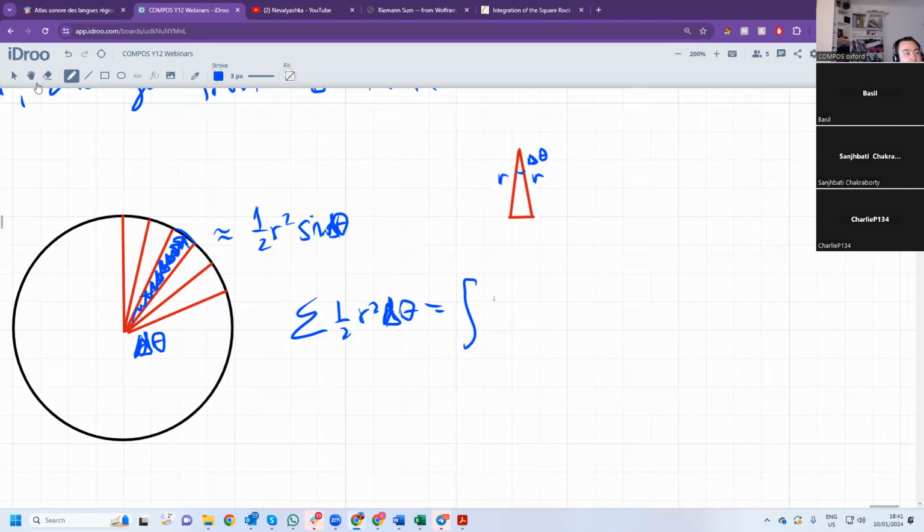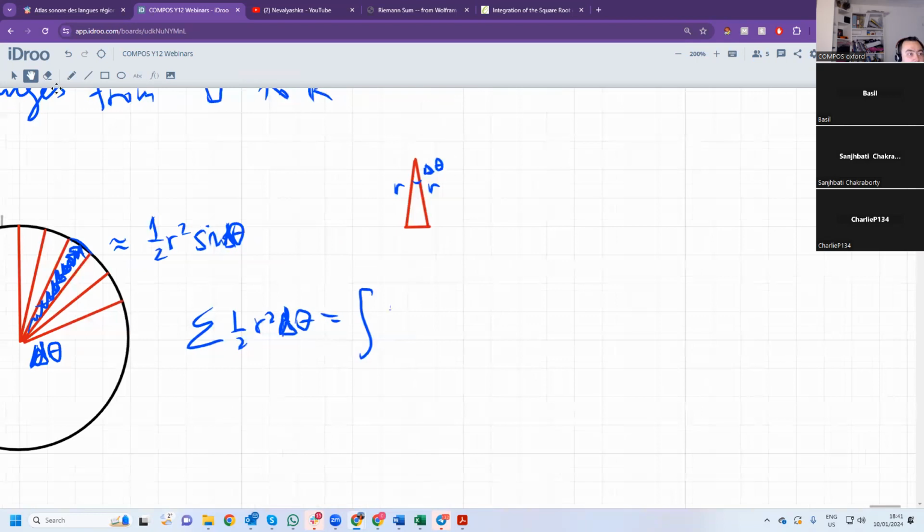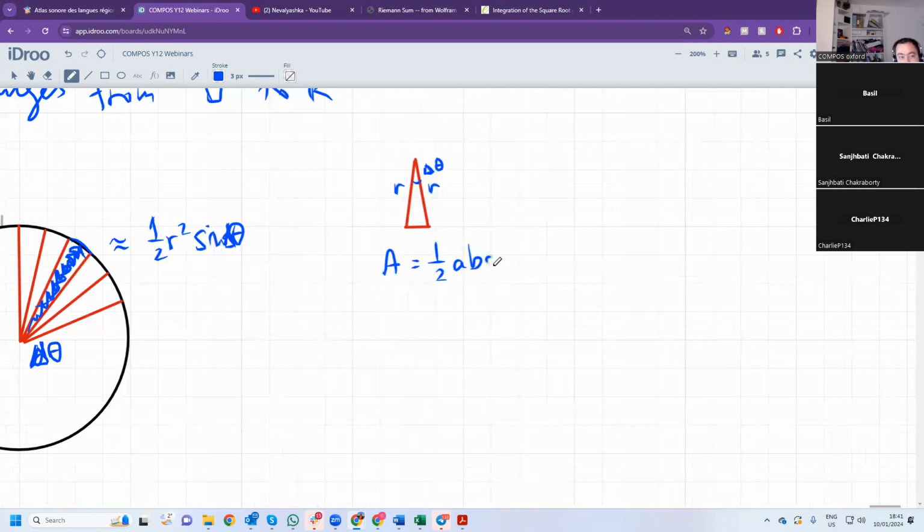It's not the height. I'm using the formula for the area of the triangle: area is 1/2 AB sine theta. In this case, A and B are r, and the angle is delta theta. So it is 1/2 R squared sine delta theta.